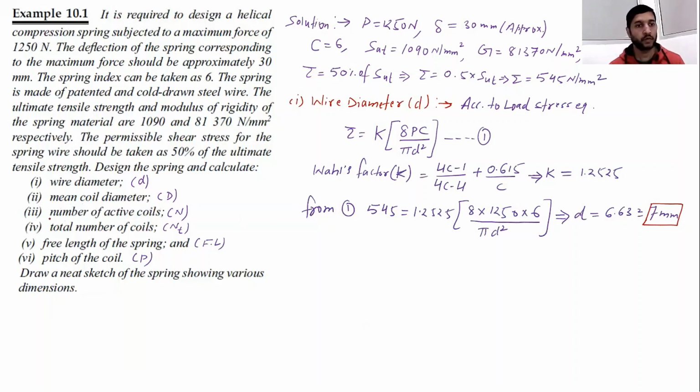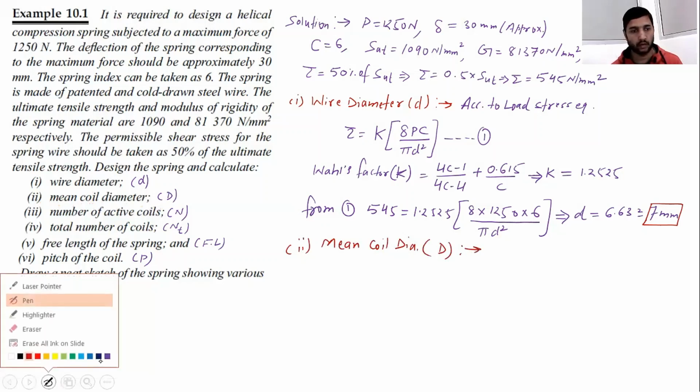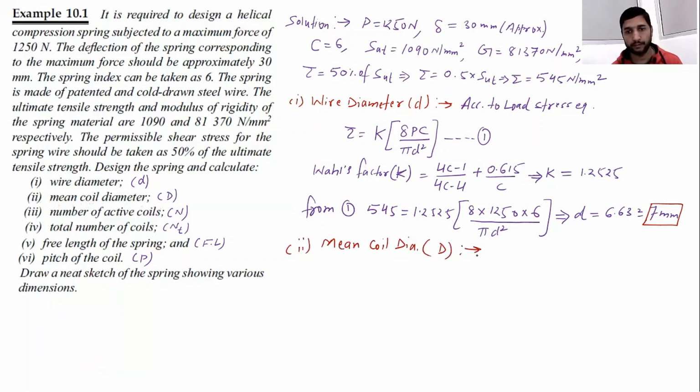Now let us find out the mean coil diameter, that is capital D. As we know, the spring index is the ratio of the mean coil diameter to the wire diameter.